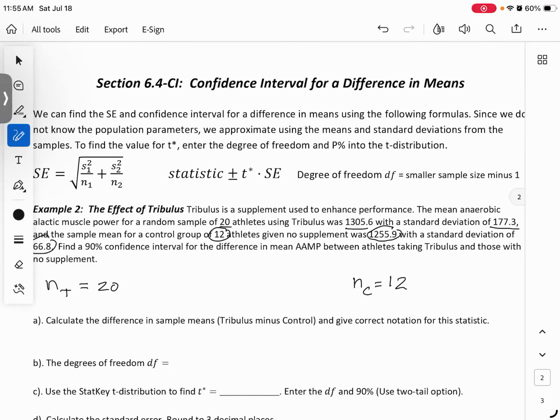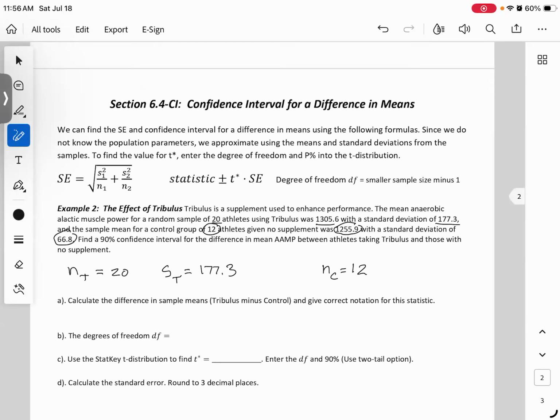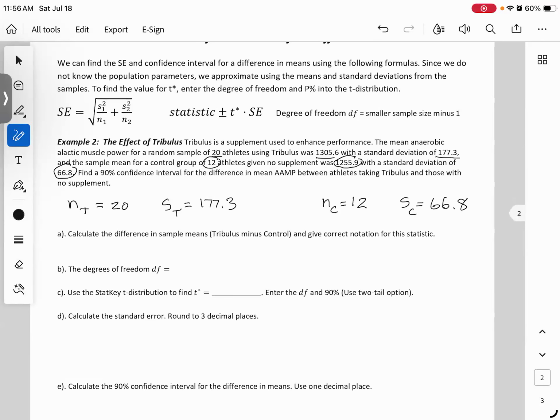That was 12 of them. And then the standard deviation for the athlete group was 177.3, and the standard deviation for the control group was 6.8.